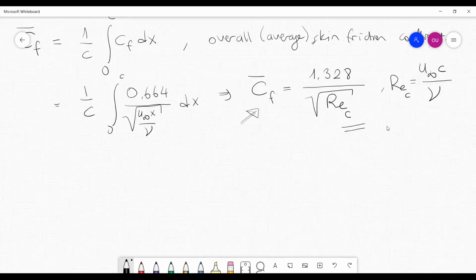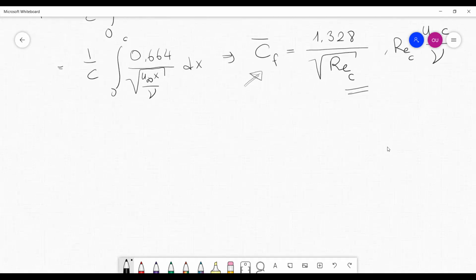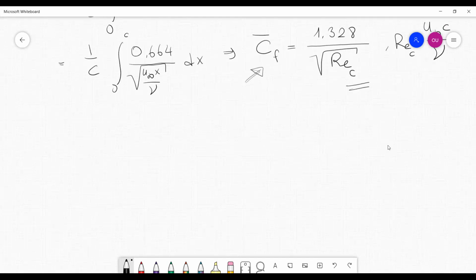Now, similar to what we did here, we can also obtain expressions for the boundary layer thickness, for example delta, or the delta star, and also theta. For example, concerning delta, which we defined as the boundary layer thickness before, how did we define delta?